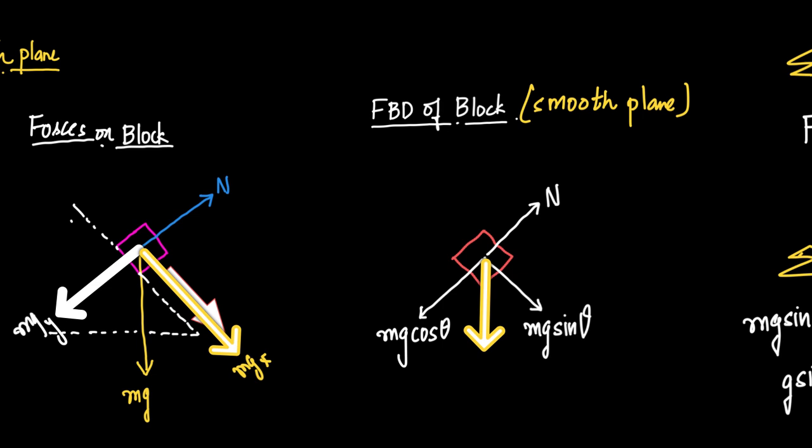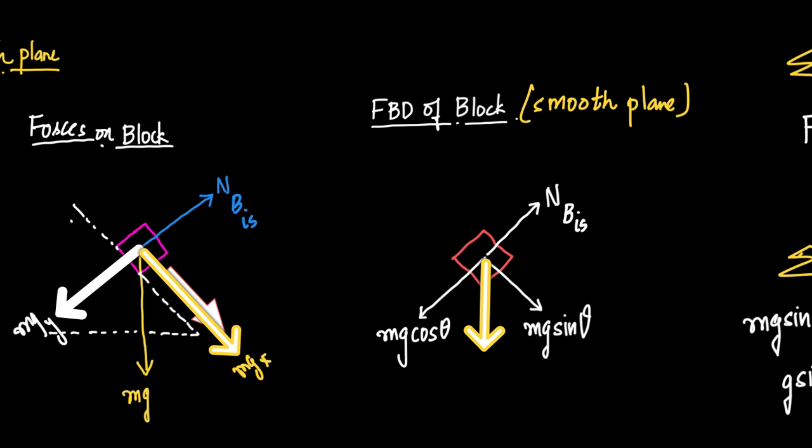The only other force acting here is the normal reaction. To be more precise, this is the normal reaction on the block due to the inclined surface. It is this inclined surface which is providing the normal reaction on the block. So we have the free body diagram.